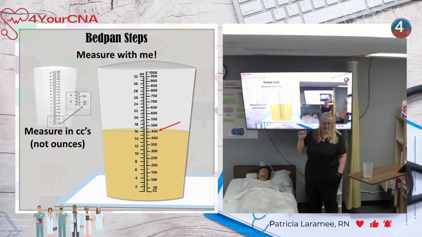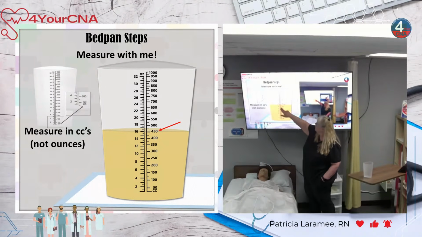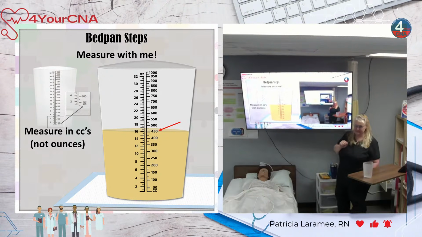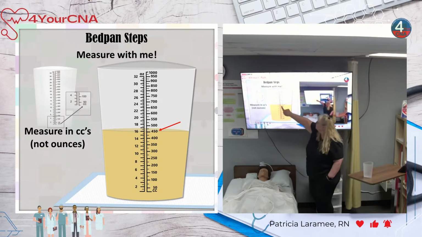Round to the nearest line. Each one of these lines is 25. So this is the line for 250. It's marked. That's 275, 300, 325, 350, 375, 400. Good? If it were closer to this line, it would be 425. If it were halfway in between, pick one. Okay? Which one is it closer to?